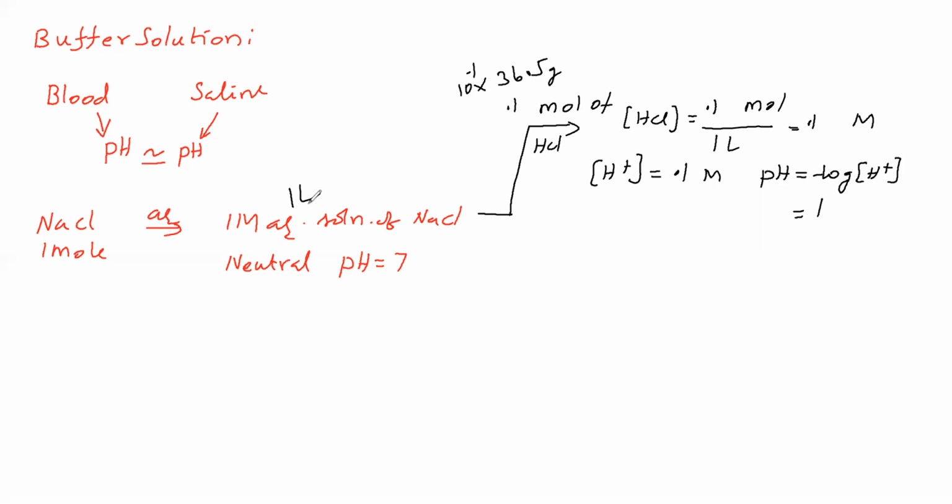Therefore, this solution is not a buffer solution. Similarly, if we add base into this solution, the pH changes. Therefore, an aqueous solution of a salt of a strong acid and a strong base, we can't call a buffer solution.